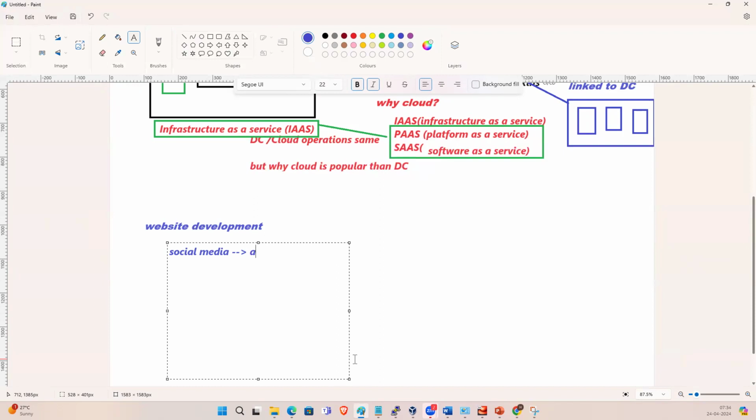Facebook, very good. Instagram, Twitter, YouTube, WhatsApp, Telegram, etc. These are all social media websites.